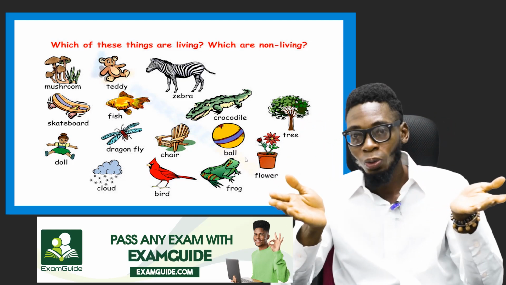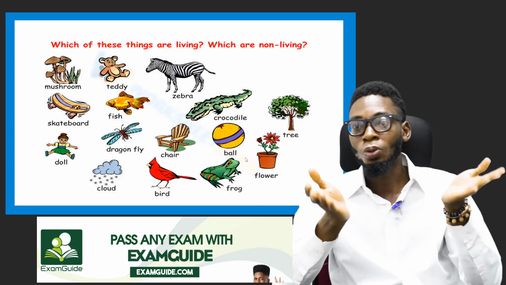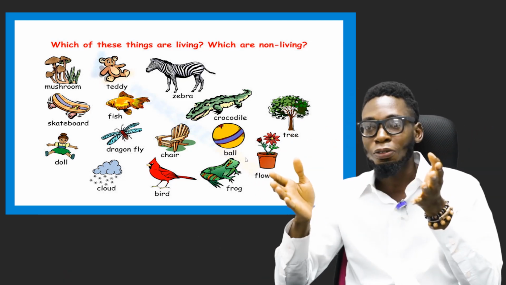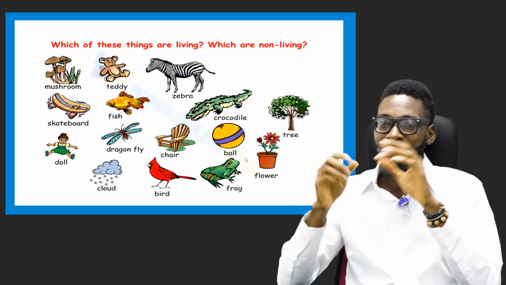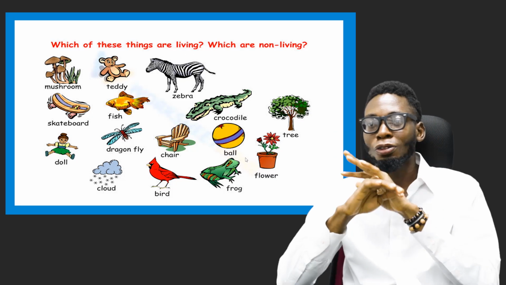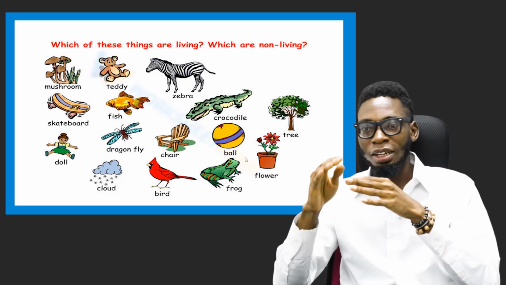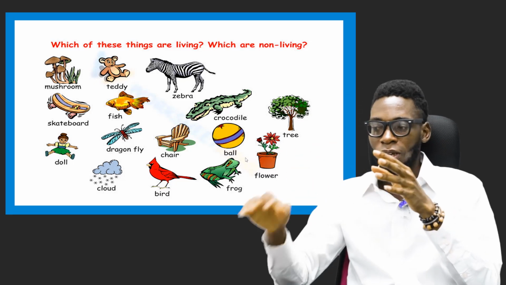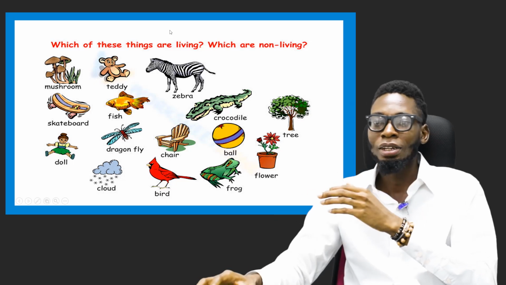No. Does it breathe in and out? No. Does it get rid of waste products from its body? No. All these things show that the ball does not possess any characteristic of living things, so it is non-living, and that is how you go through the diagrams, trying to identify the living and the non-living.